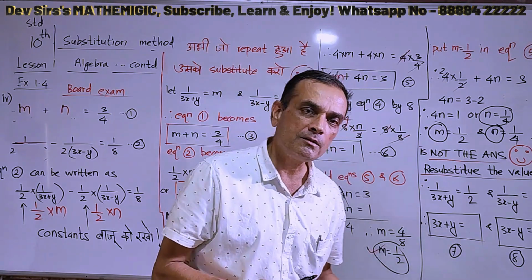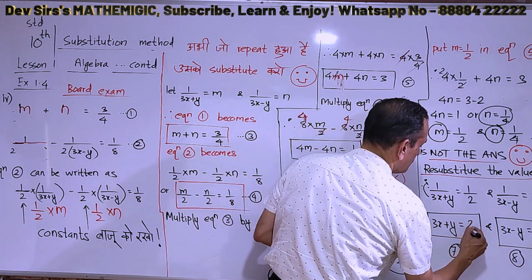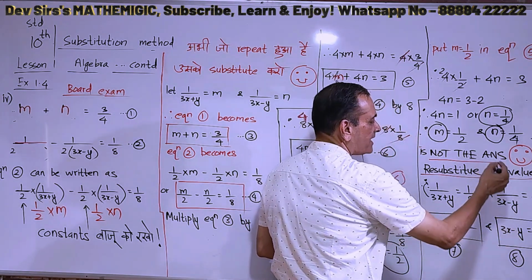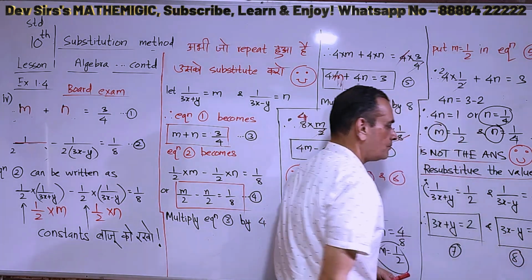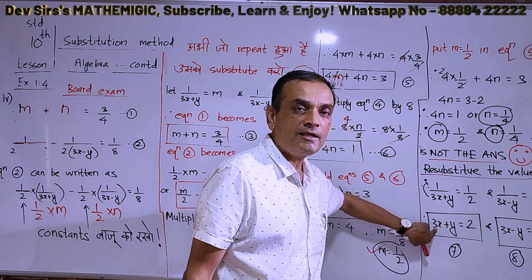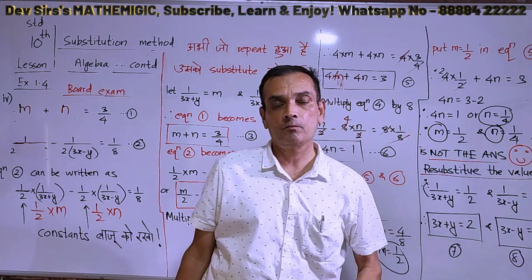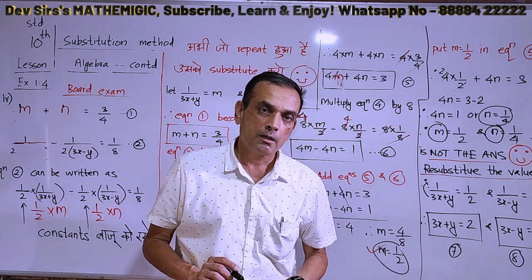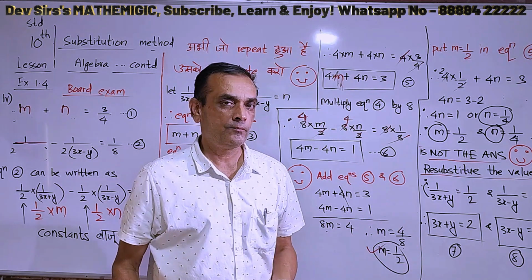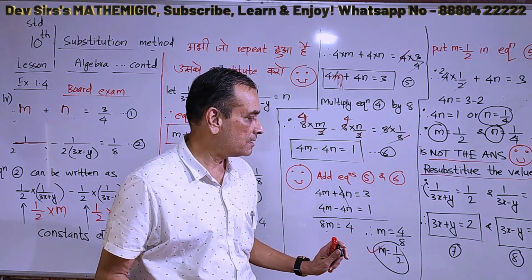When you invert the terms, naturally 3x plus y comes above, 2 comes above. 3x minus y comes above, 4 comes above. So you get finally 3x plus y equal to 2 and 3x minus y equal to 4. नए दो equations मिल गए. Don't worry, but these are simple equations.